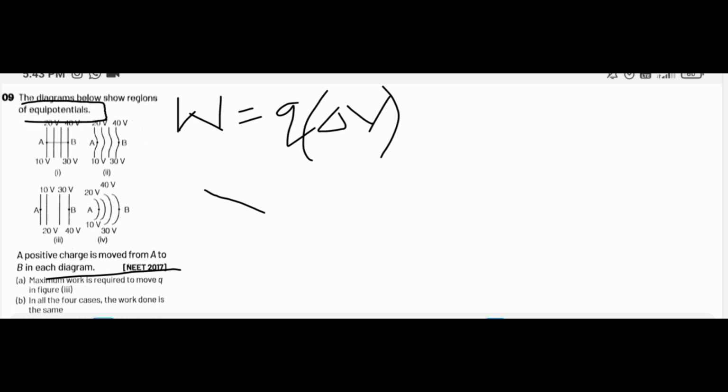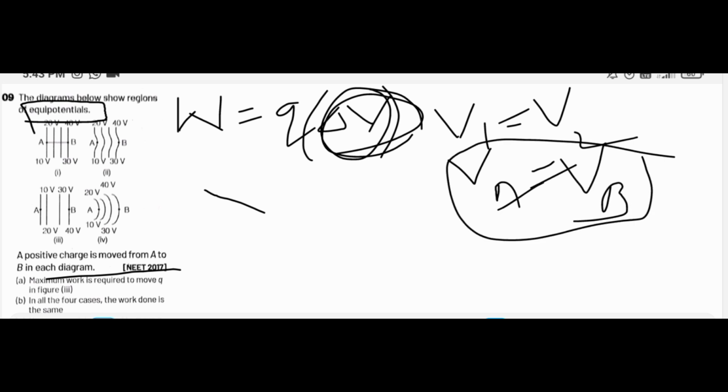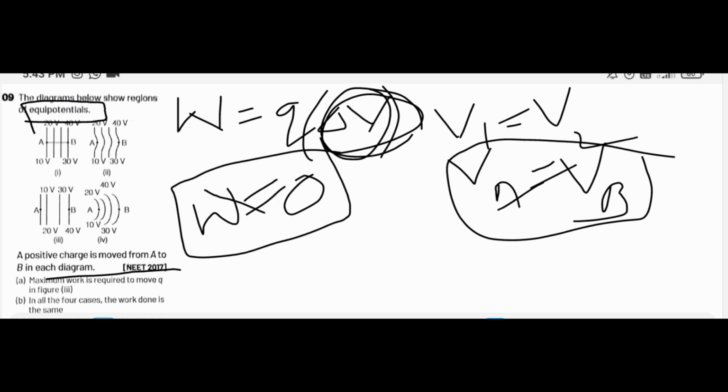In this type of equipotential, the potential throughout the surface is same, which gives a hint. This means V1 is equal to V2, or VA is equal to VB. This hint they have given. If it is so, the VA minus VB value is going to be 0. So work done on an equipotential surface is always 0.